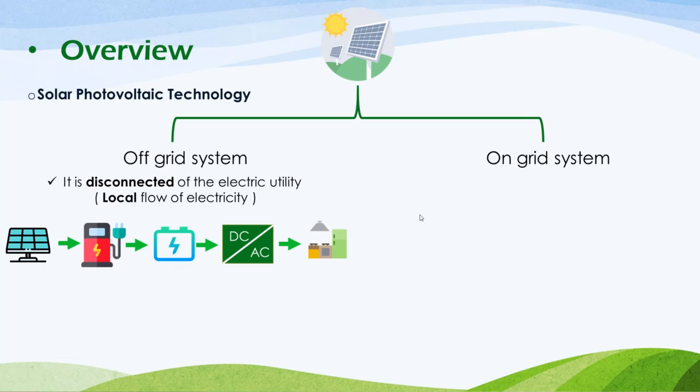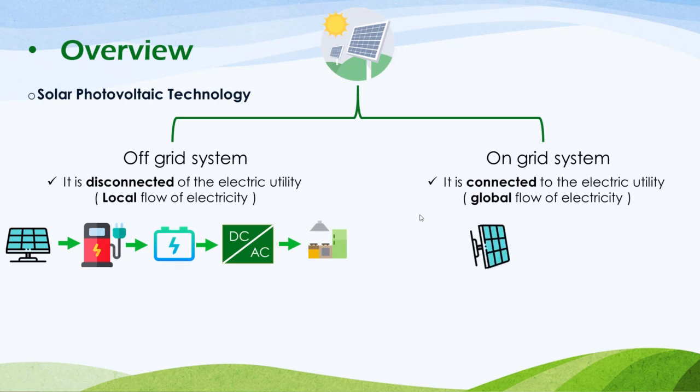Now the second type, the on-grid solar system. As you can guess from its name, it's the inverse of the off-grid solar system, as the output power of this system goes directly to the electric utility or the electrical grid. So its construction is simpler than the off-grid system.